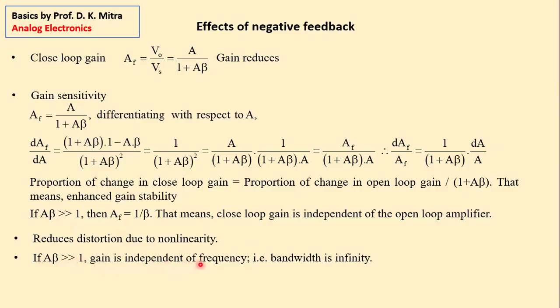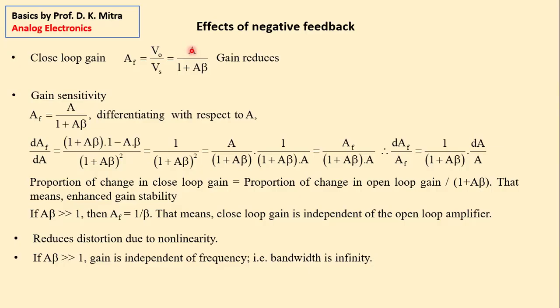gain is independent of frequency. The gain of the original amplifier depends upon the coupling capacitors, emitter bypass capacitors, etc. But if your closed loop gain is independent of A, then it is independent of frequency altogether.